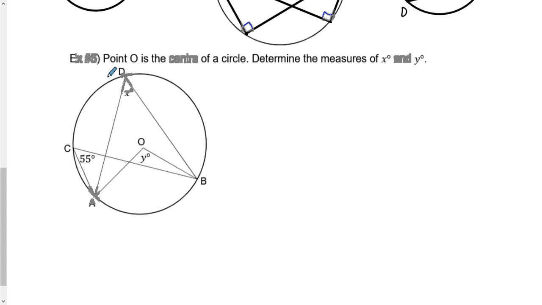Alrighty, couple examples here. So point O is the center of the circle. We're going to determine measures X and Y. So we have all of these angles starting from the arc AB. So here's a few special things.